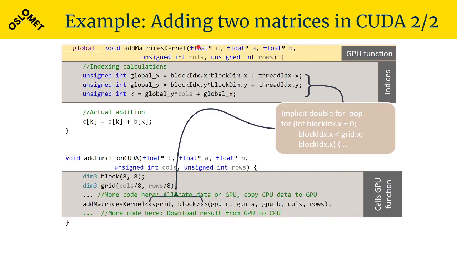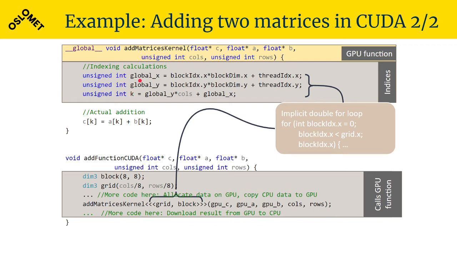As with the CPU function, it takes in the C, A, and B matrices and the size of the matrix. And then finally, we have the X index of our thread, our Y index of our thread, and then we compute the K in this exact same way.